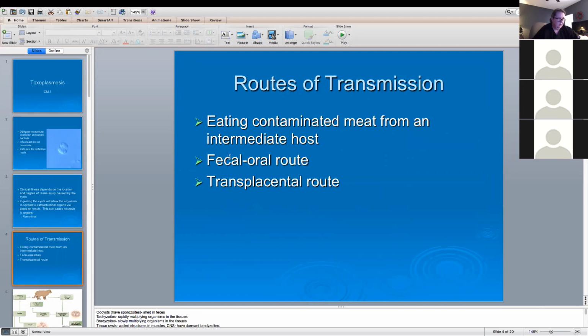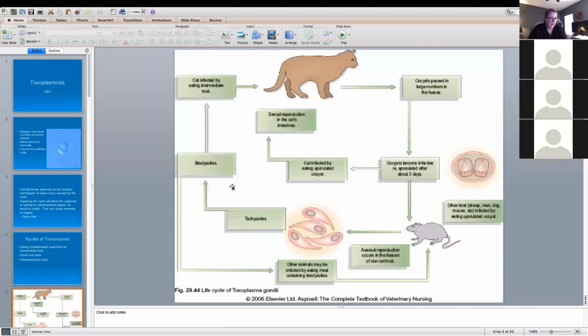So again, if you have a cat that's outdoors and they're hunting and eating mice and rodents, that's going to be one route. If they're eating raw meat, some people feed a raw diet, that could also be a route. That's why pregnant women are supposed to heat everything up.